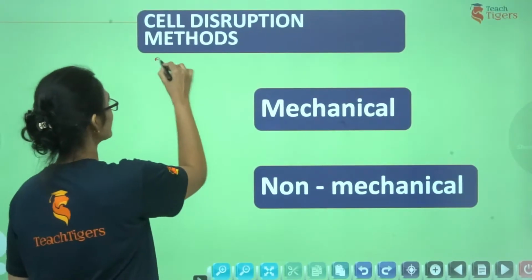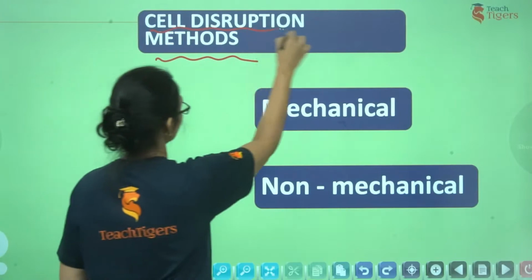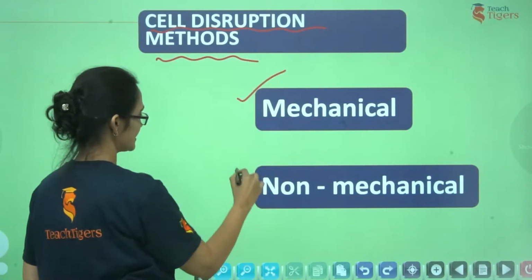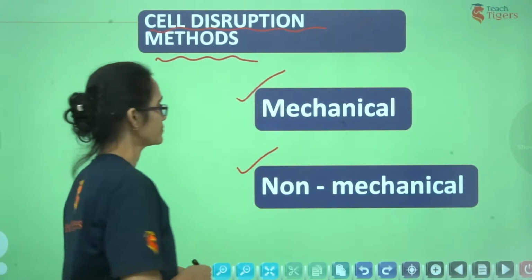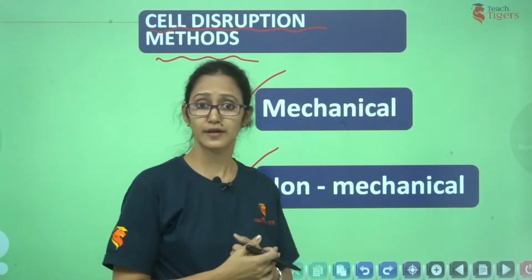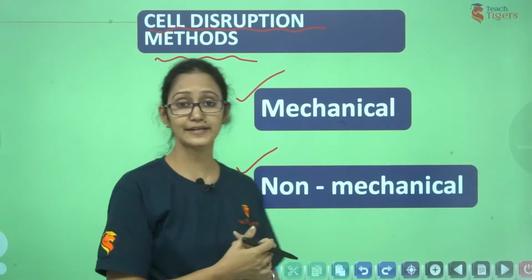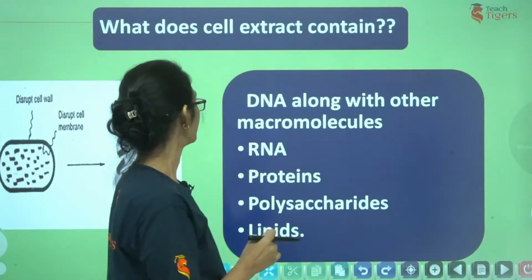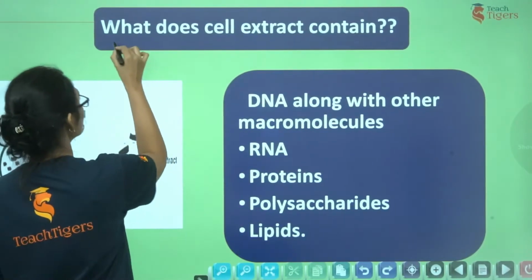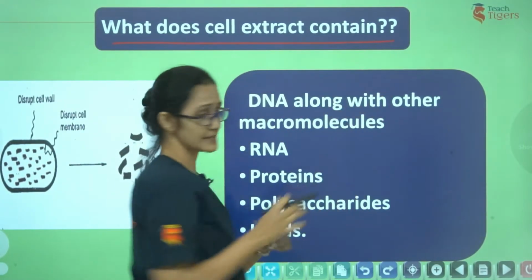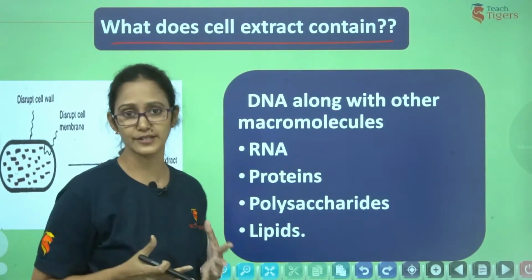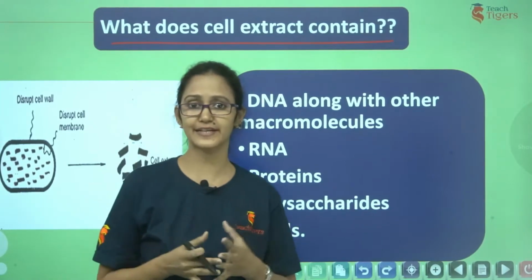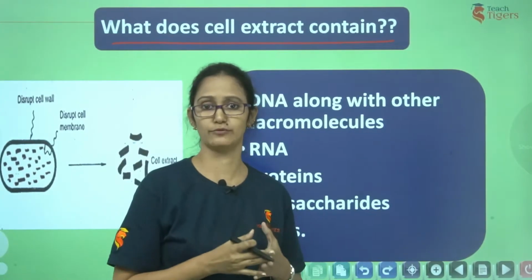Now we have many cell disruption methods, right? The mechanical methods and non-mechanical methods. Previously mechanical methods were highly popular, but currently we are employing enzymatic methods. Once you break the cell and collect the cell extract, it contains thousands of biomolecules, right?